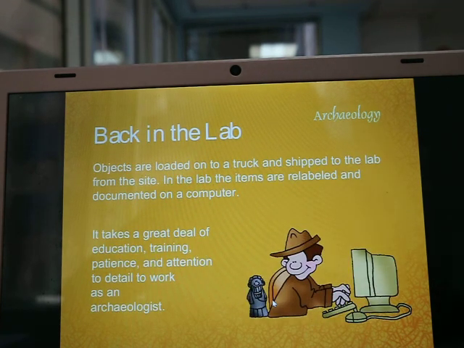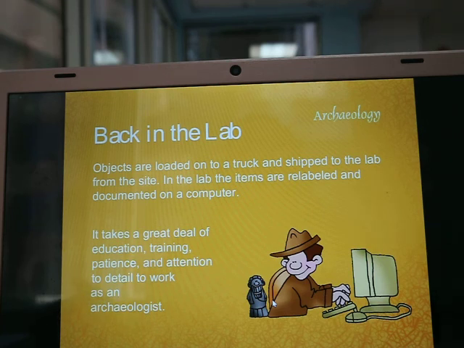Okay? So after they dig or after they find those artifacts, they usually go back to the lab and encode all those materials in the computer so that they will have a soft copy, and that is the start of their study. They will study it more. After they dig, the work is not done yet.